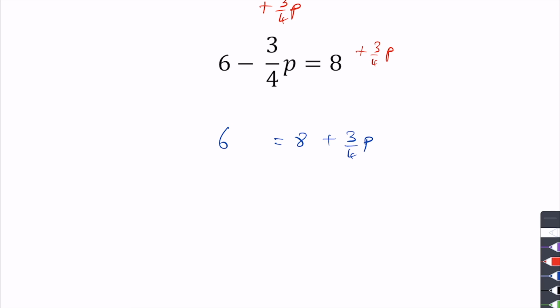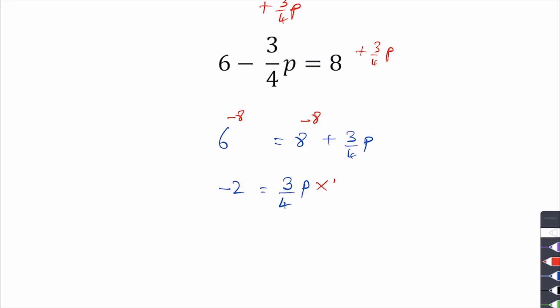Now I'm going to remove the number term on the right hand side, which is the 8. So I remove the 8 by taking away. Take away on the left. I'm left with 6 minus 8 on the left, which is minus 2. 8 minus 8 is 0, and that's 3/4 p. I now need to remove my denominator.